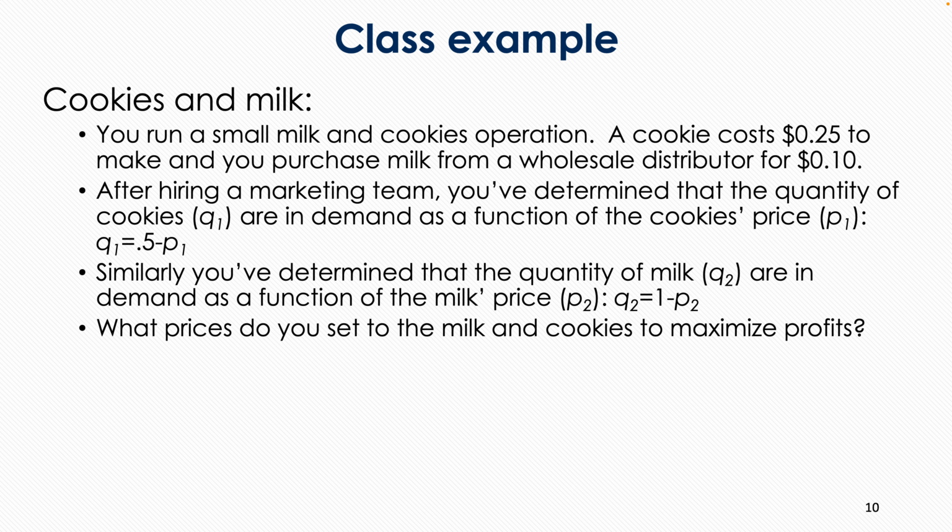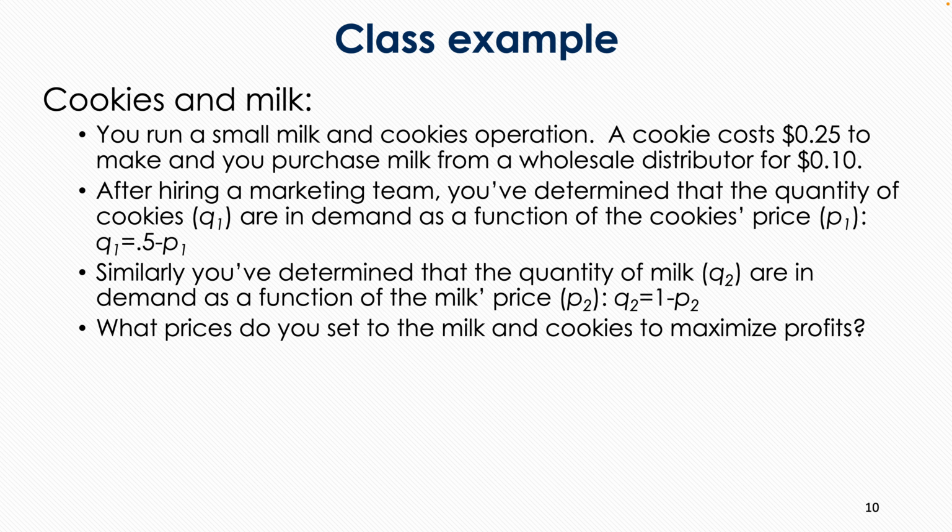We know my objective. We identify that by looking at the word maximize or minimize. In this case it's profits, and profits are how much money I make, which is P times Q, the price times the quantity.